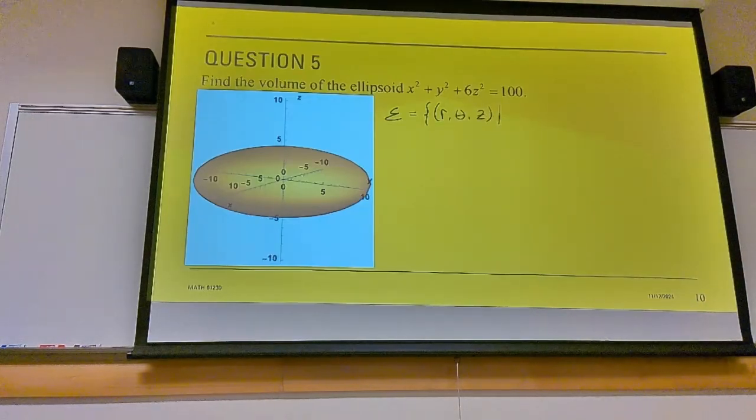Z goes from negative radical 6 over 6 times radical 100 minus r squared to positive radical 6 over 6 times radical 100 minus r squared. R goes from 0 to 10, and theta goes from 0 to 2 pi.